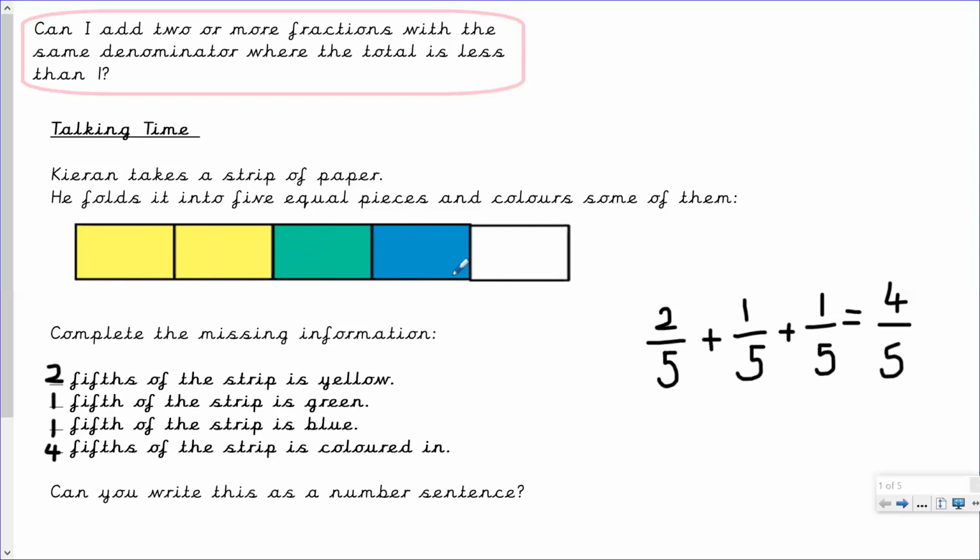So when I am adding fractions, my denominator never changes if they are the same. Here, in this strip of paper, my denominator stays the same because the whole has stayed the same. So when I'm adding, I only add the numerator, not the denominator.